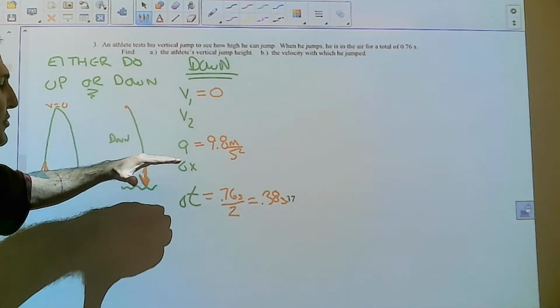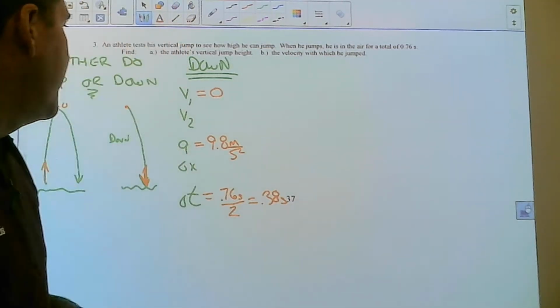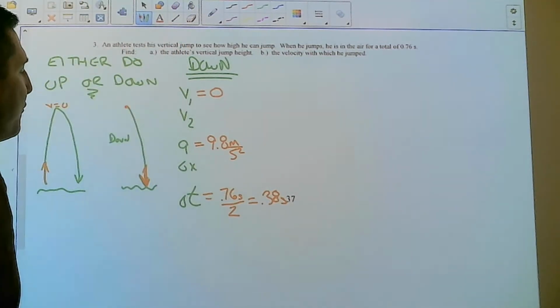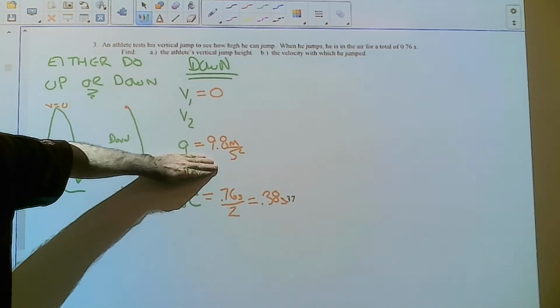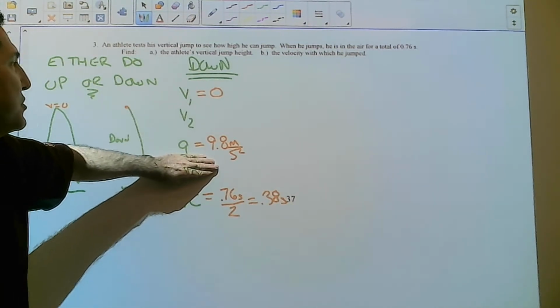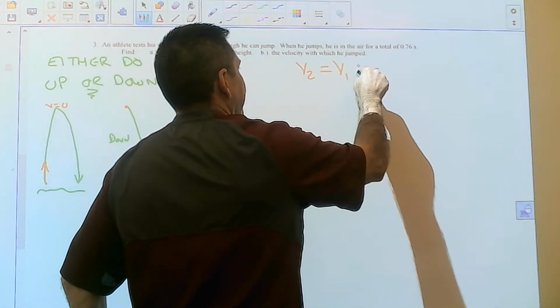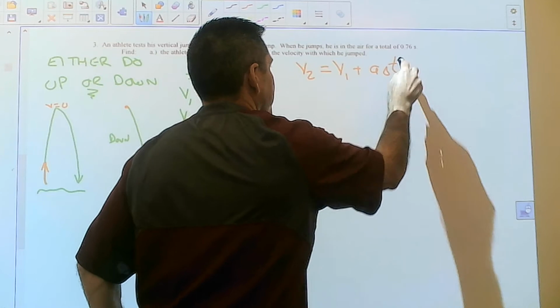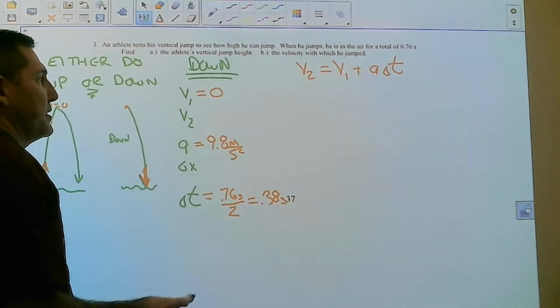I can solve for v2 or x first. It makes no difference which one I solve for first. I'm going to solve for V2 first because that means I can use equation 1, and equation 1 is easy peasy, extra cheesy. You can't go wrong with equation number 1. And it's all set up for me.